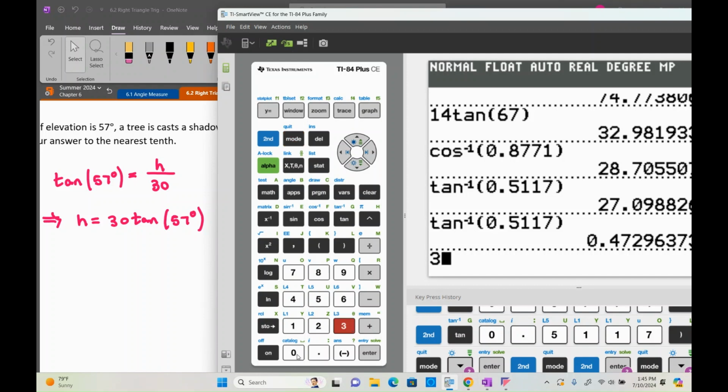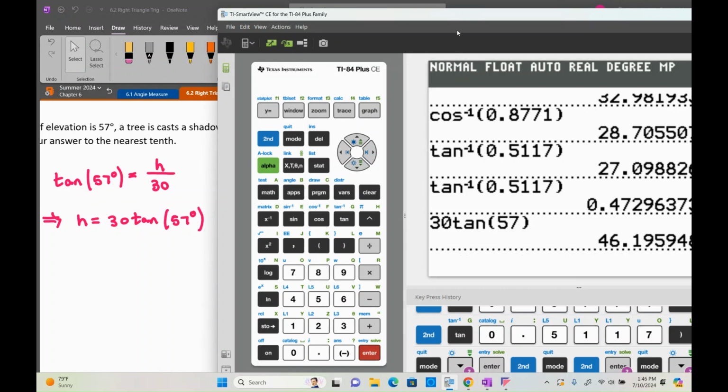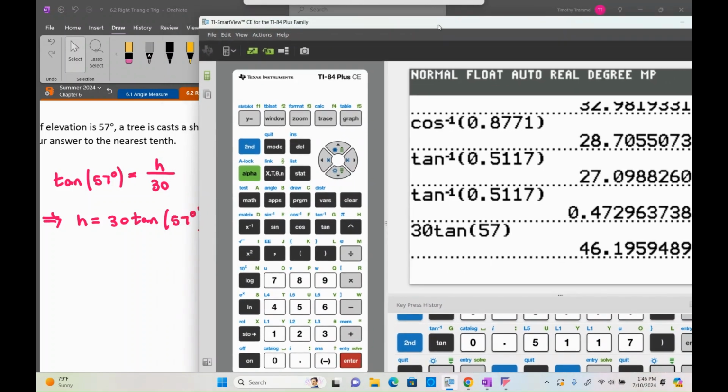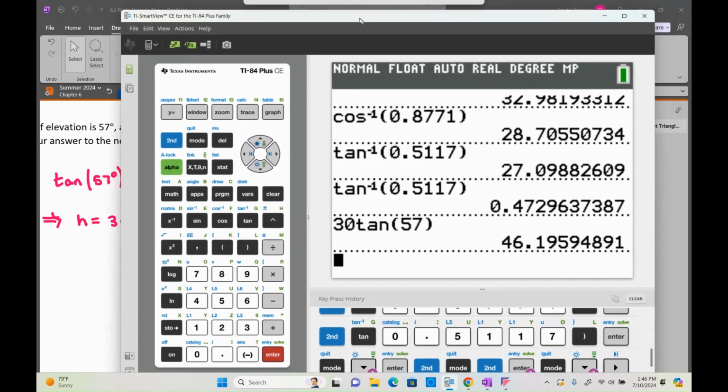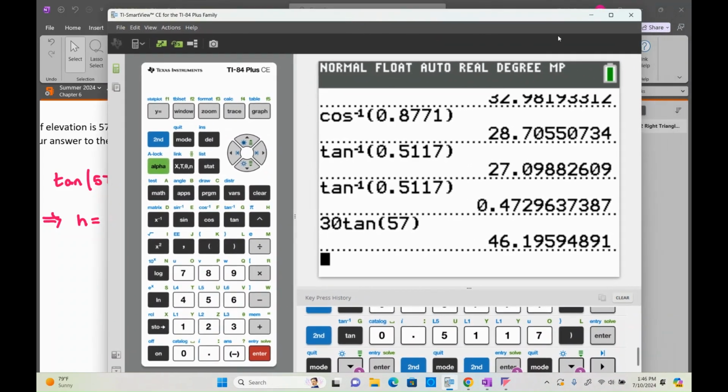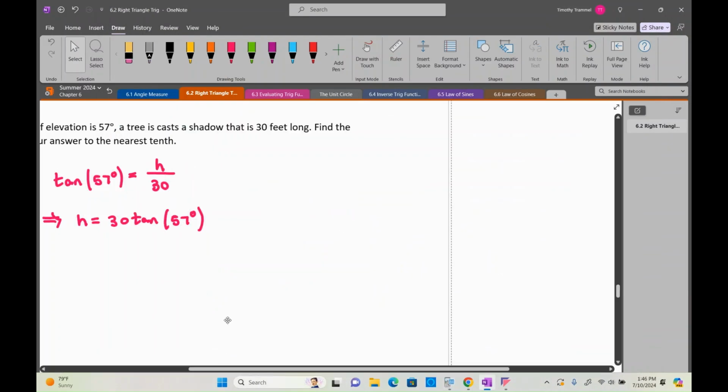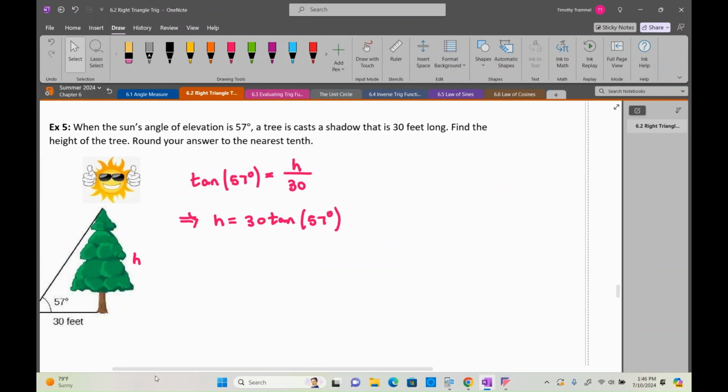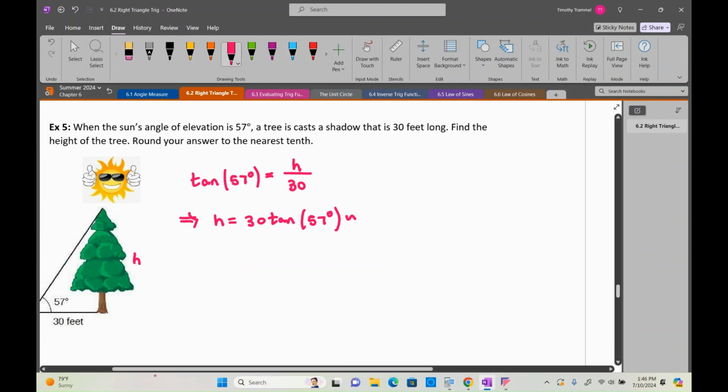So we said we have 30 tangent of 57. And so that's giving us here, we're going to round it to the nearest tenth. So that's the first decimal place. So this is 46.2. And this is measured in feet. Okay.